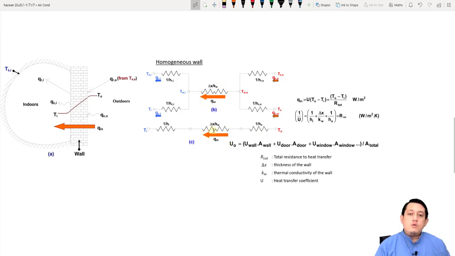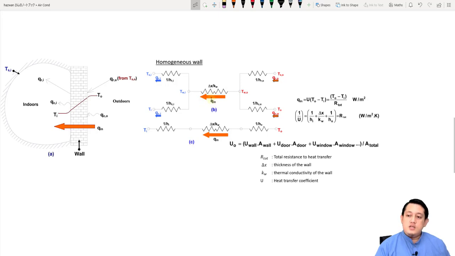The wall here is built using a different substance. It can be bricks, it can be plywood, it can be glass also. Each material has a different thermal conductivity, so we can use the thermal conductivity of the substance to calculate this Q in.